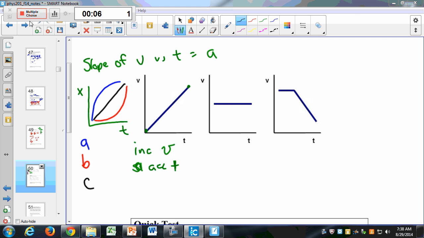Is it the blue line A, the red line B, or the black line C? I want you to click in here. Remember, you can talk to your neighbor about it.